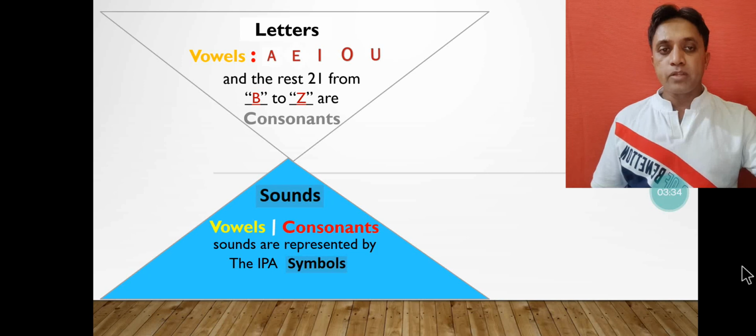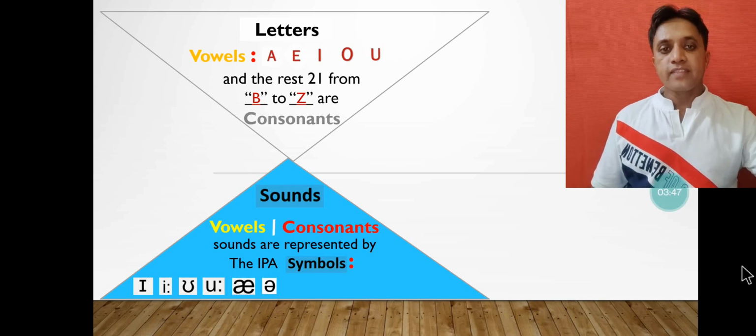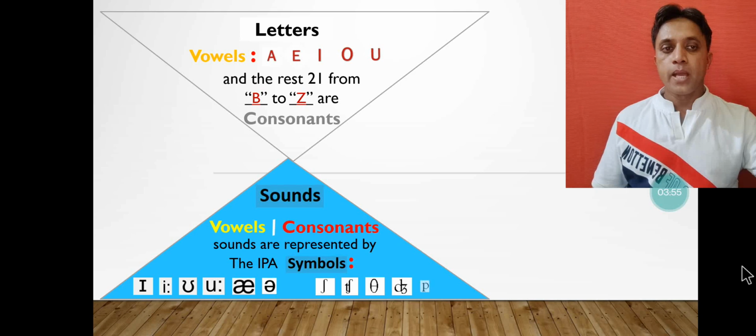Some of the examples of vowel sound symbols are E, E, U, Oo, A, and some of the examples of consonant sound symbols are sh, ch, th, j, p, l. Don't worry if these symbols look strange or new to you.